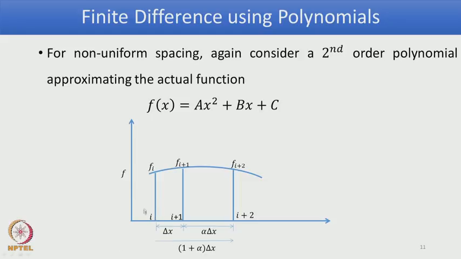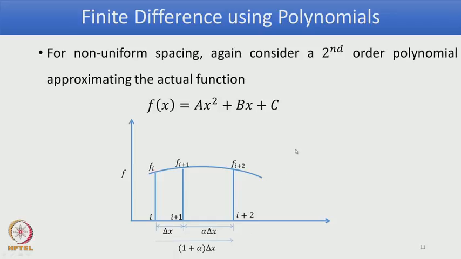So, I is the point of interest, I plus 1 is an immediate neighbor point which is at a distance of delta x, and I plus 2 is the next neighbor point which is at a distance of alpha times delta x with respect to I plus 1, and at a distance of 1 plus alpha times delta x with respect to the I point.